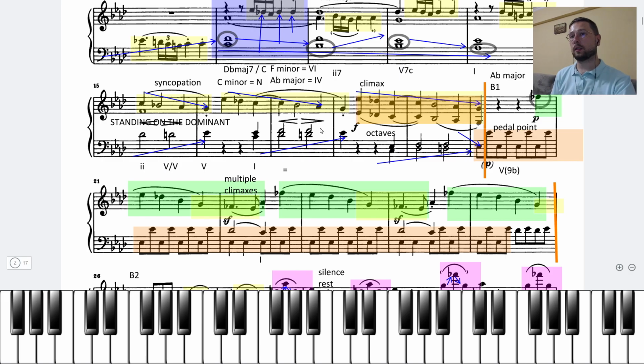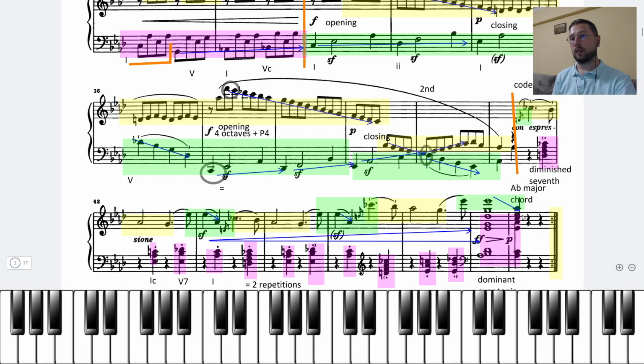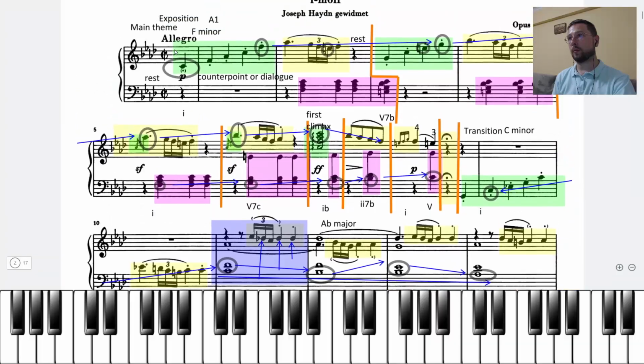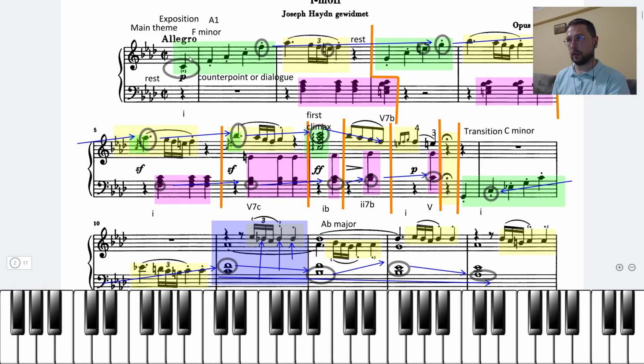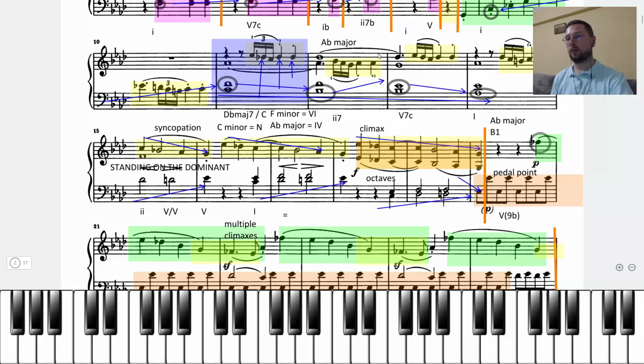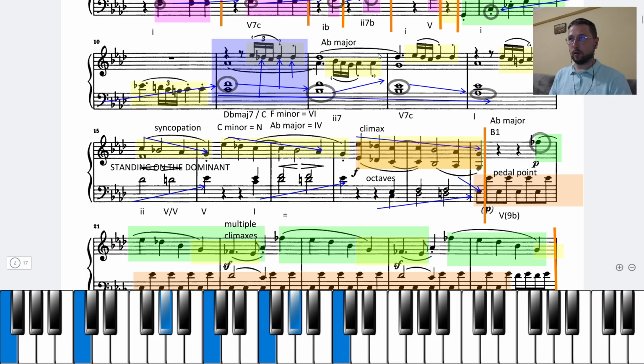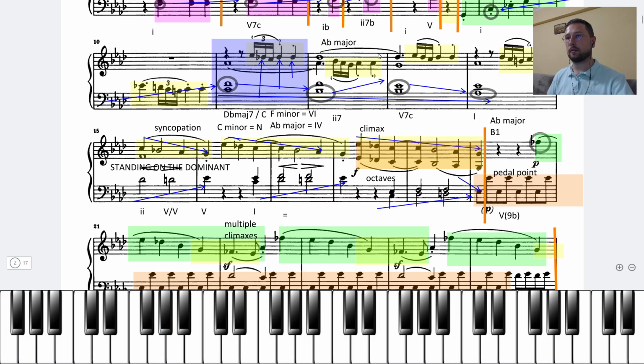And the second reason is that A flat major here is presented as a chord, but the F minor is not straightforwardly presented as a chord; we have a progressive unfolding of it, and we do not start to feel that we're in F minor until we hear the dominant, or at least the leading tone there. So in A flat major, we could also feel the chord of F minor as the 6th degree relative.